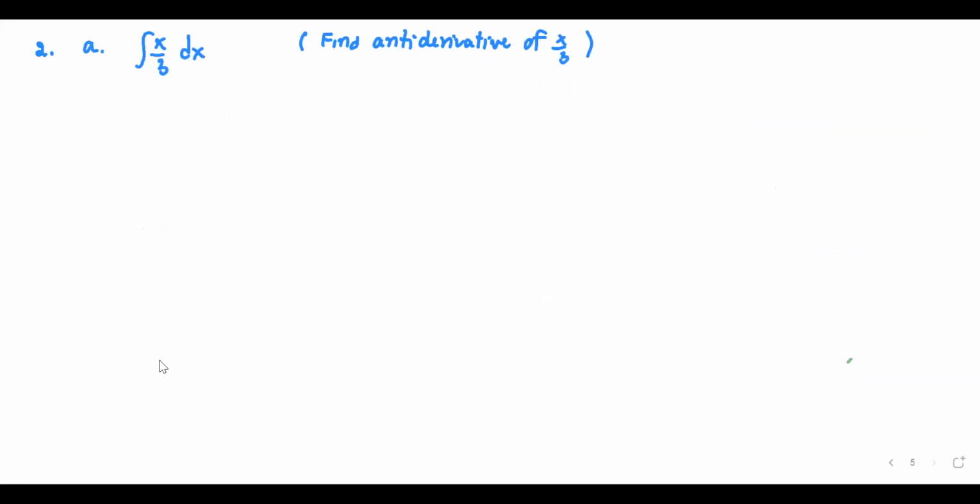Okay, so for 2a, integration of x over 3 with respect to x, you see the number 3 on the bottom. My technique or my suggestion to work on this problem in a manageable way: x over 3 means 1 over 3 multiplied by x with respect to x. We treat it as the constant multiple. So we take 1 over 3 out of the integration.